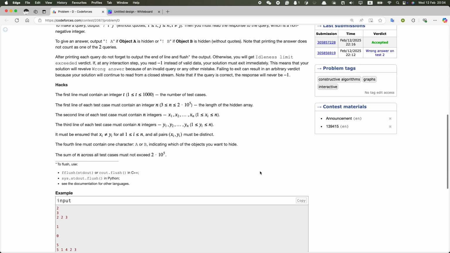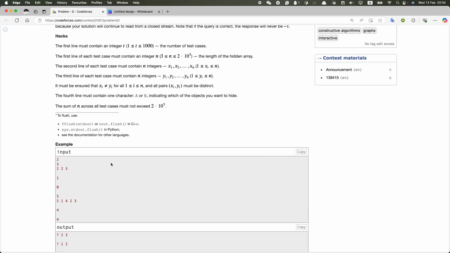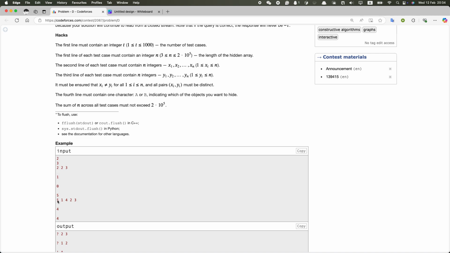Actually, when I started thinking about this problem, I guessed maybe I should ask two numbers that have the minimum and the maximum numbers. I think that may be a very useful strategy to find the answer.